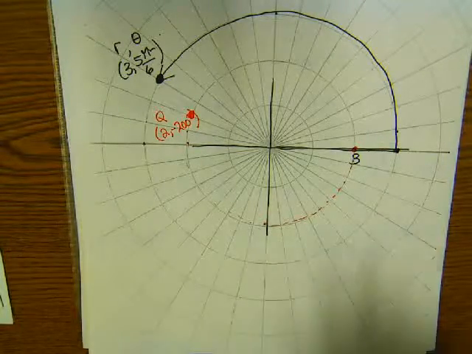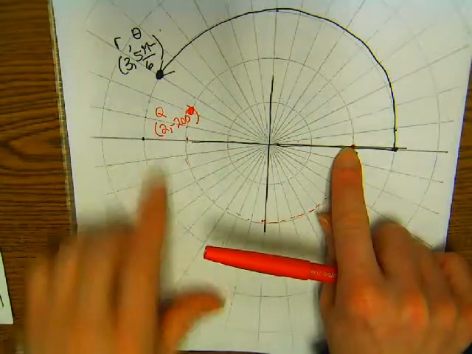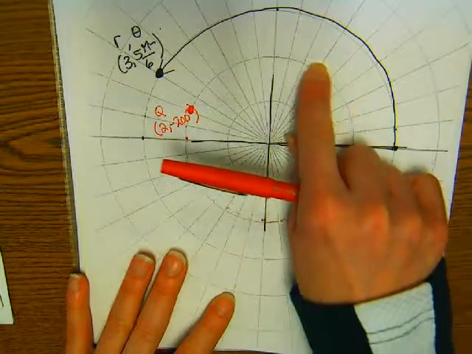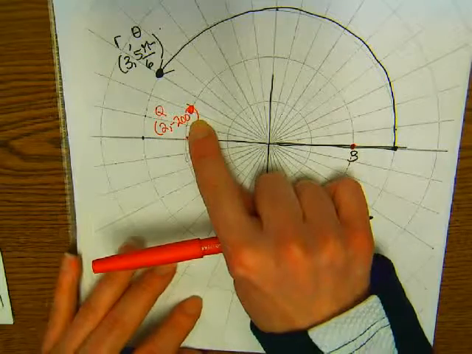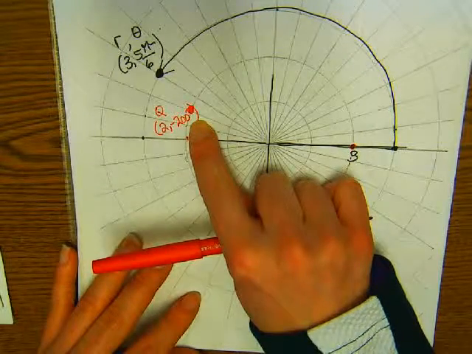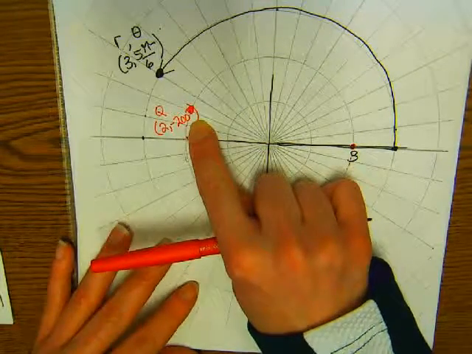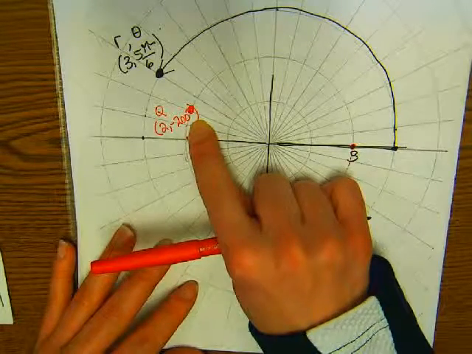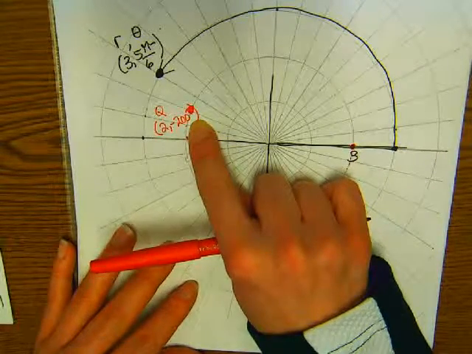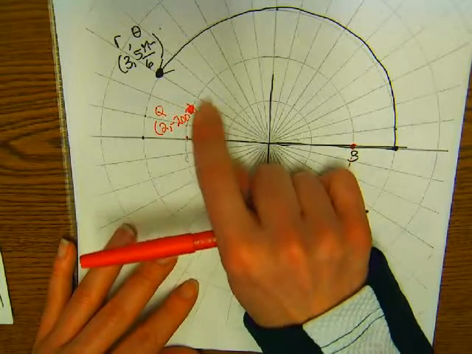Isn't this the same as going 2, and then what if I went positive 160? Don't I end up in the same spot? Yeah. Okay. So you can find multiple polar coordinates by adding 360 onto the angle. I'll write this down in our notes in a second.